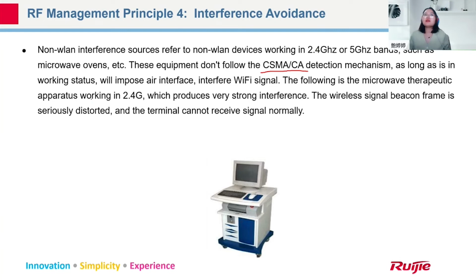As long as they are in working status, devices like microwaves and others will provide very strong interference for the network. That's why in our deployment, we say if you deploy the AP in your network, please avoid these devices or stay far away from them. And these devices work in 2.4G. One solution is not to use 2.4G on your AP. Otherwise, they will have a big influence on each other.